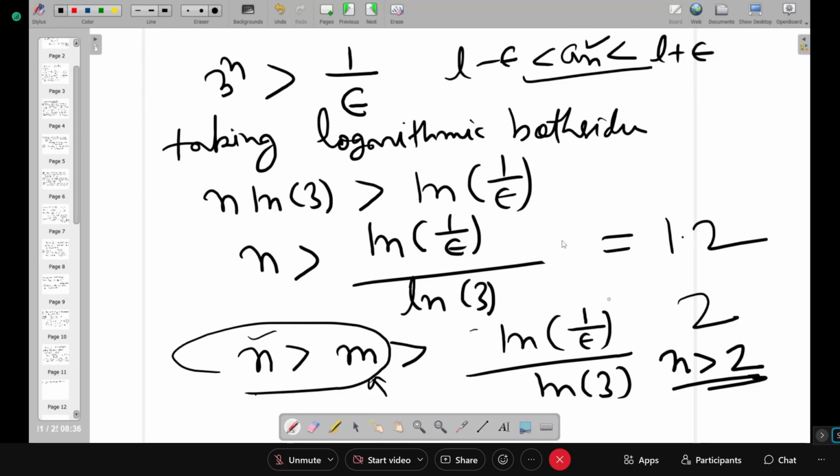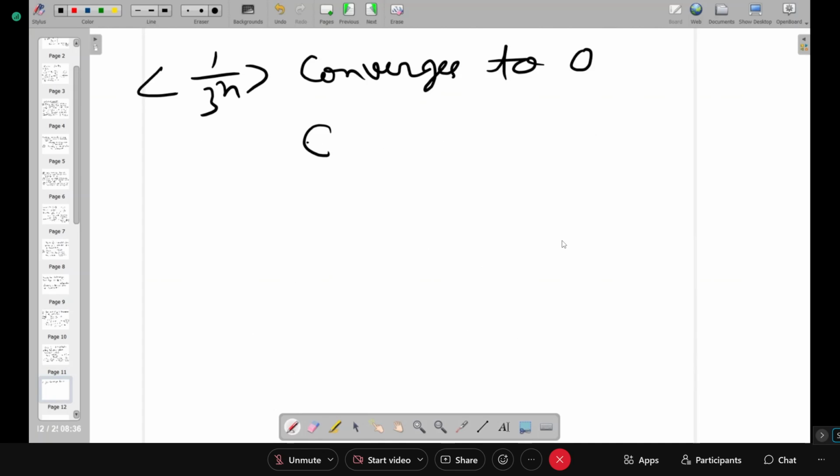No, sir. Let's say epsilon equal to 1, sir. Then n equal to m equal to 0, sir. Yes, if epsilon is equal to 1, then this value is coming 0.